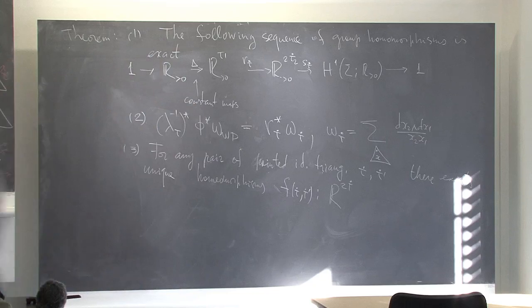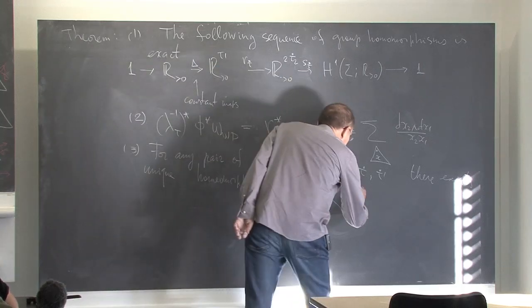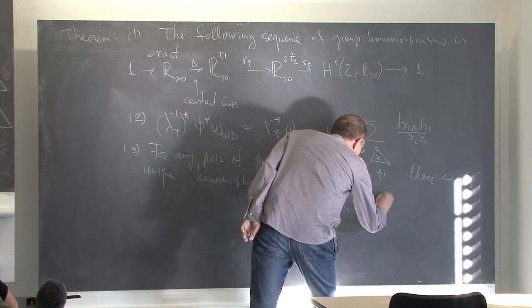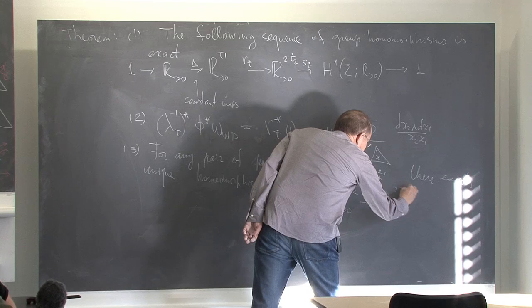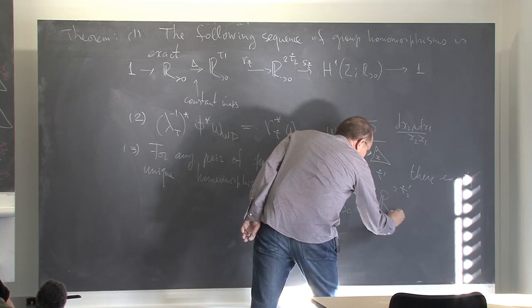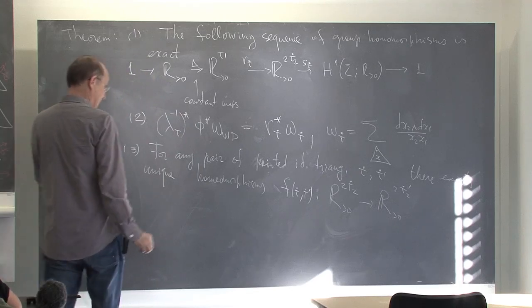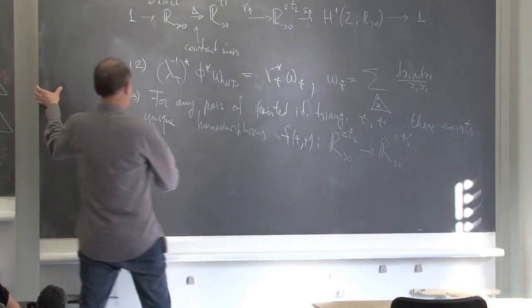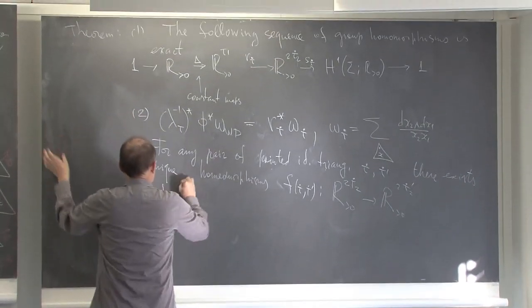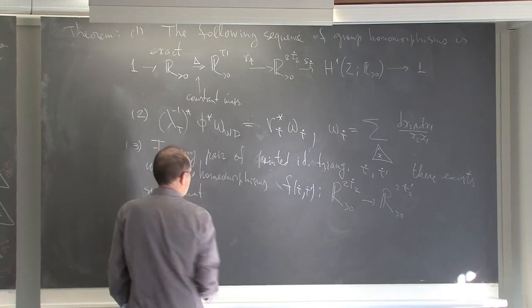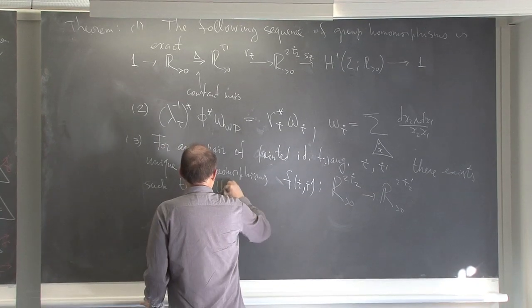So I put the same order, R2 tau dot prime positive. A unique homeomorphism such that the diagram commutes.